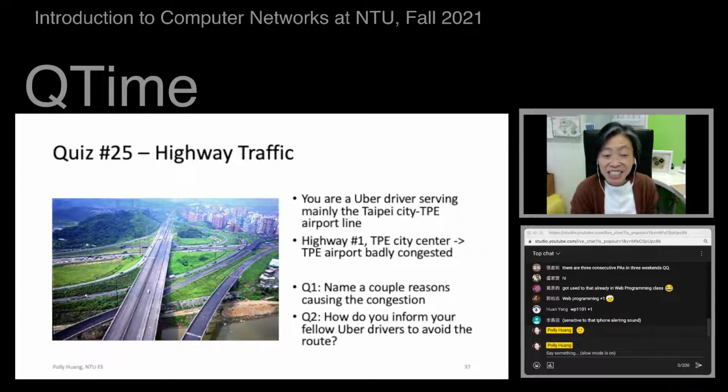This is an open-ended problem. Gather your teammates, or if you cannot find them, think about what will be the best solution for you. You'll be given some 10 minutes of time to think about it. Hopefully you find your teammate.